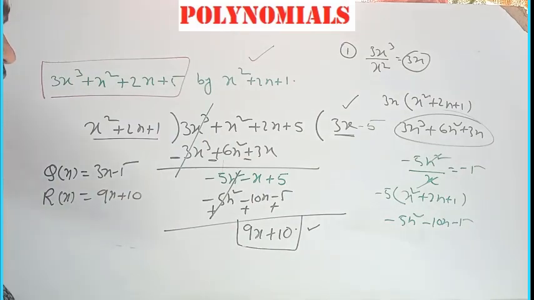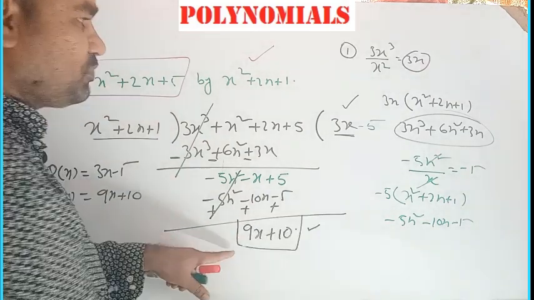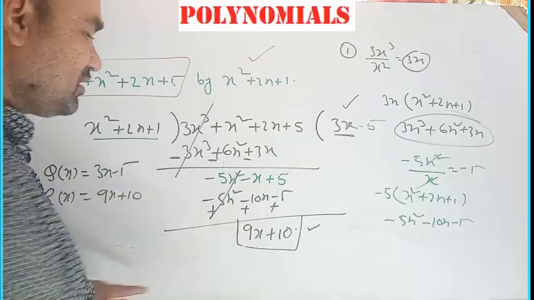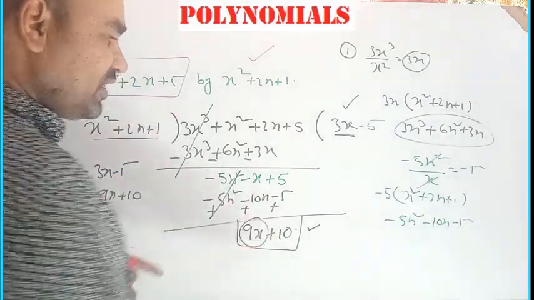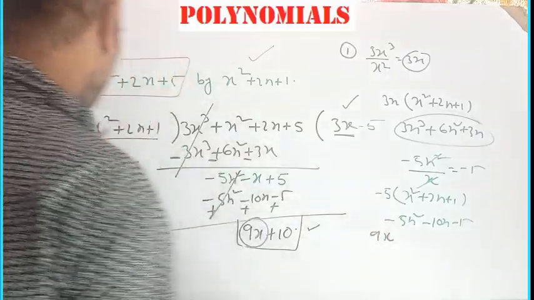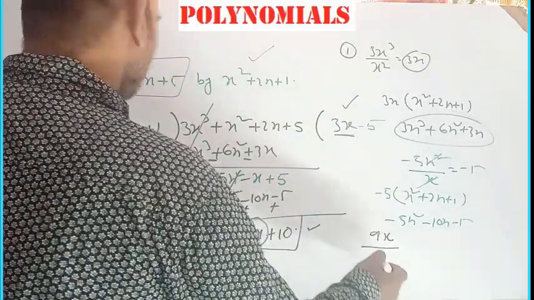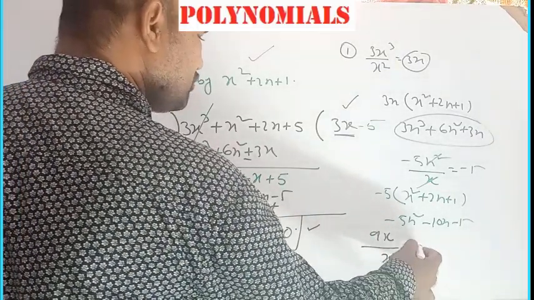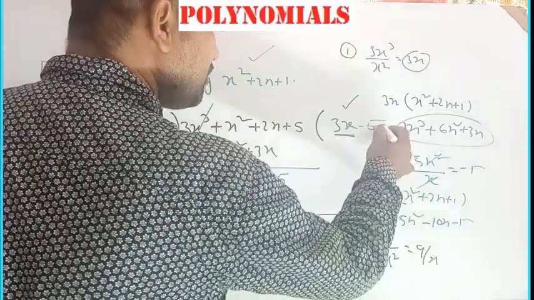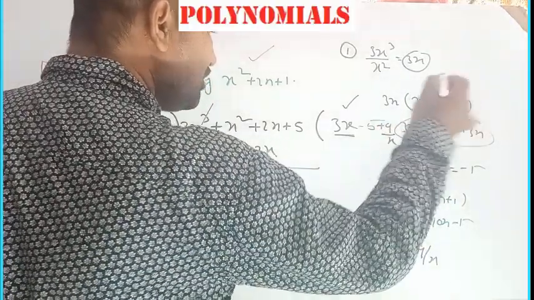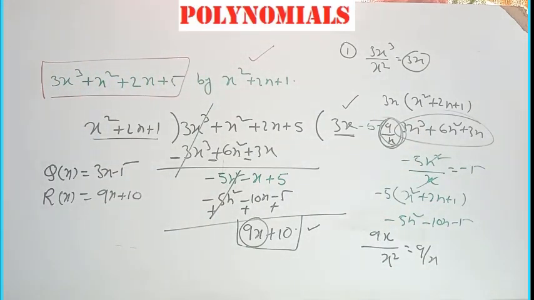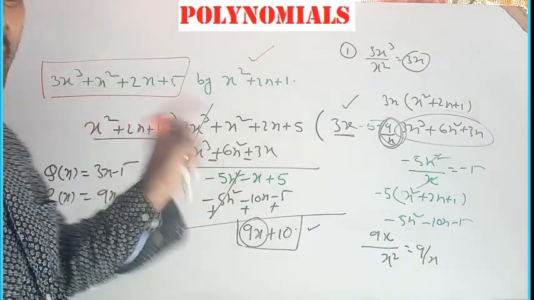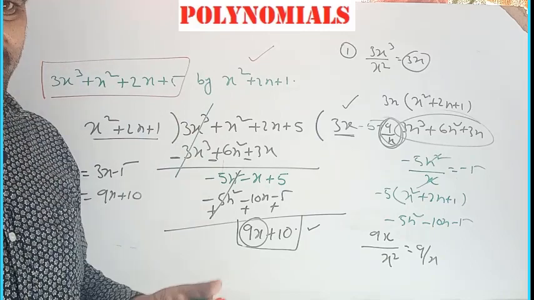Okay. If you proceed with one more step, what happens? Observe here. Assume that division is not completed. Take the first term of the new dividend, 9x, and divide it by the first term of the divisor, x square. It gives 9 by x. This becomes the next term of the quotient, but 9 by x is not a polynomial. Our present chapter is division of polynomials.